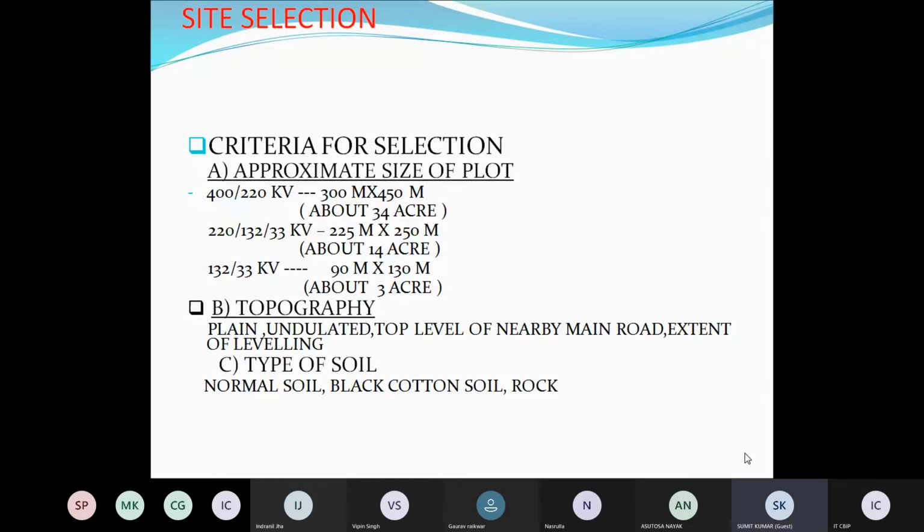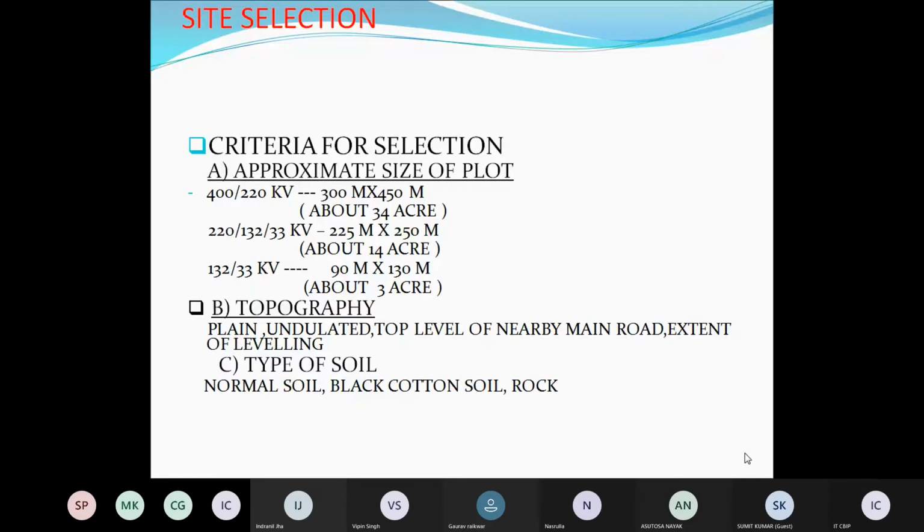If I want to build a new 400 by 220 kV substation, what are the requirements? 300 into 450 meters, so 300 meter by 450 meter, or else 400 into 400. In square meters, it is approximately equal to 34 acre.